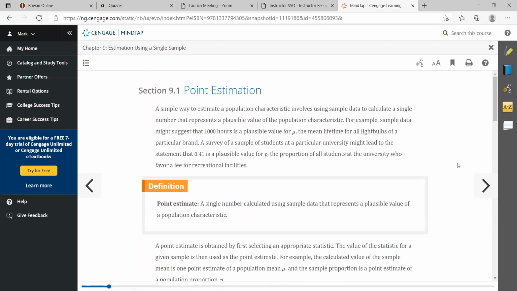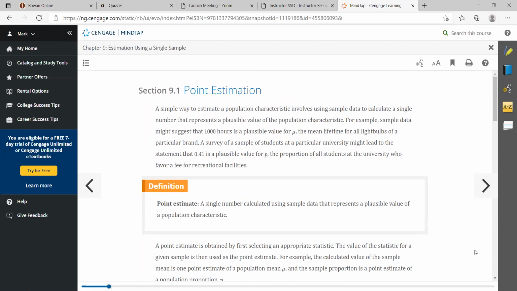In the same way, if we were estimating a population proportion, we may want to use the one sample proportion to estimate the population proportion. That's called a point estimate. So the sample mean estimating the population mean, the sample proportion estimating the population proportion, they're called point estimates.